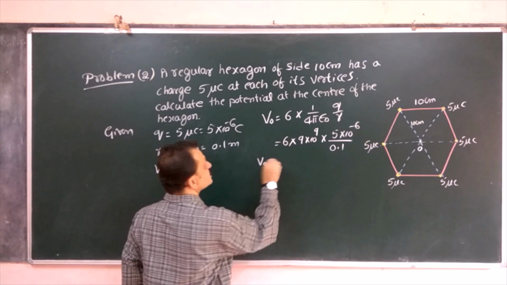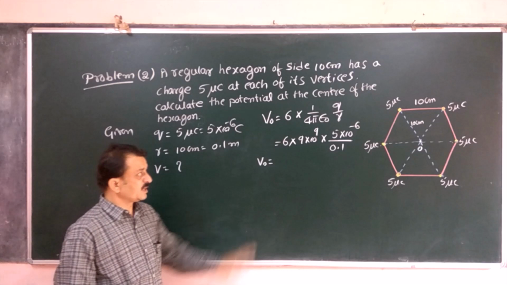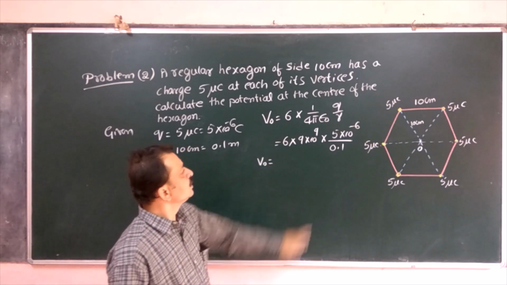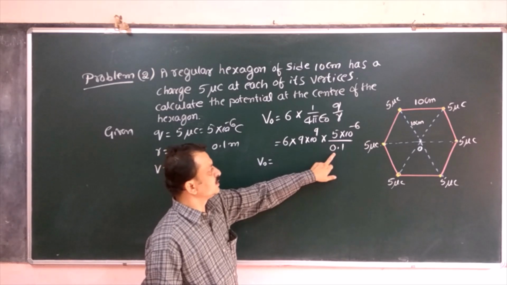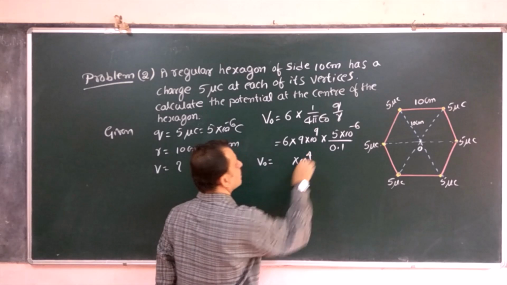Therefore V naught is equal to, 0.1 means 10 to the power of minus 1. In the numerator it becomes plus 1, 10 to the power of plus 1. So 9 plus 1 is 10. Minus 6 with that gives 10 to the power of plus 4.